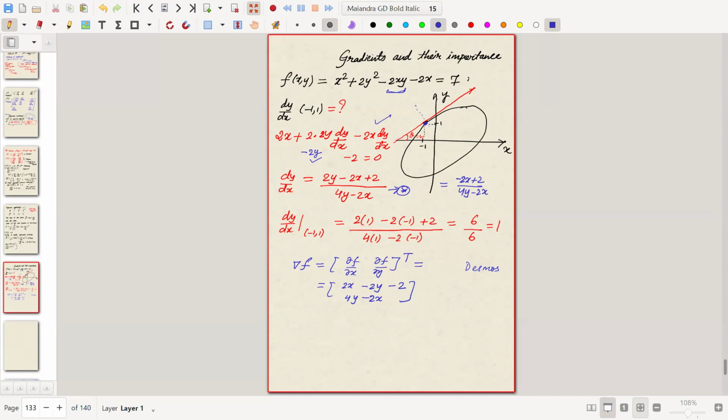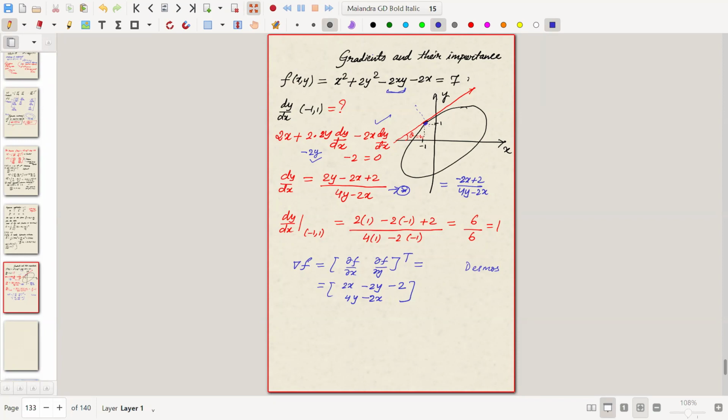From there, you can make dy by dx the subject, put everything on the right hand side and do the computation. In that way, you get dy by dx as this quantity. Now you can put minus 1, 1 to evaluate the slope at minus 1, 1. You get the slope equal to 1.